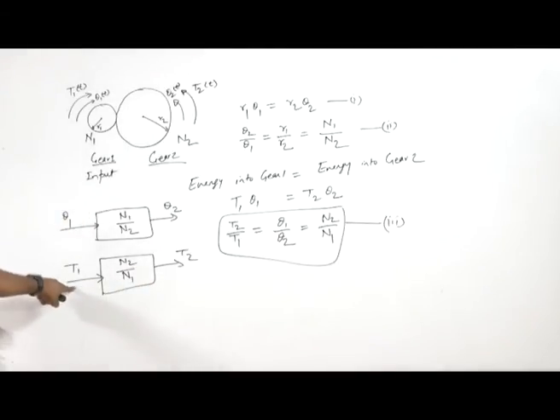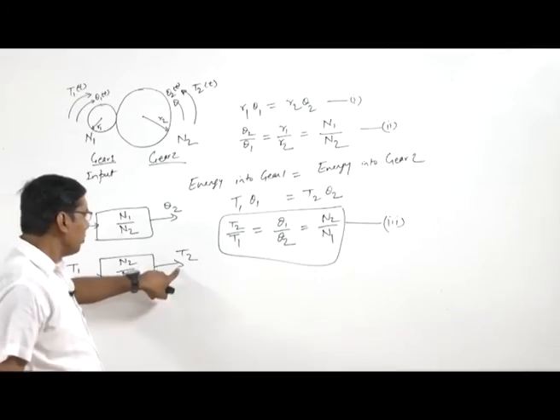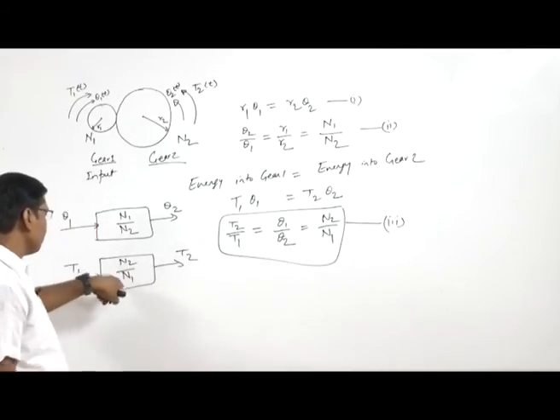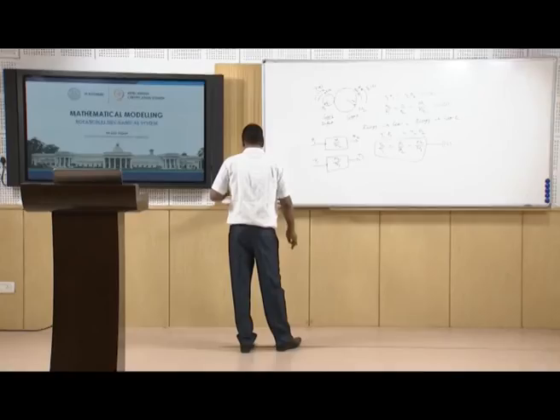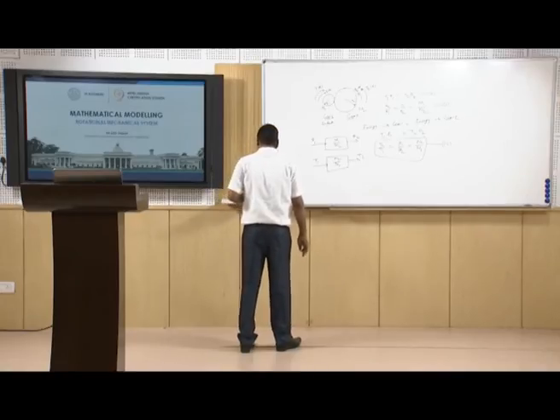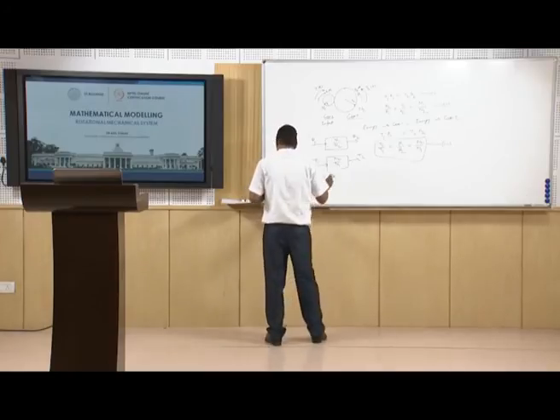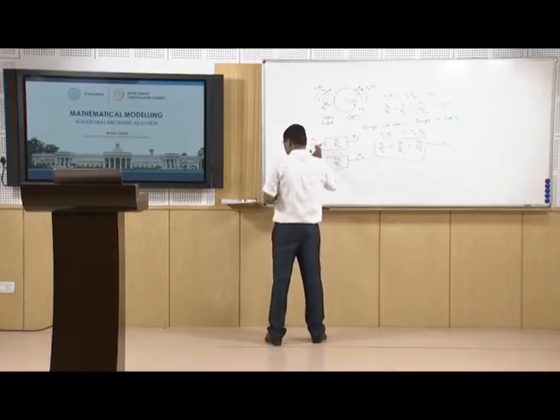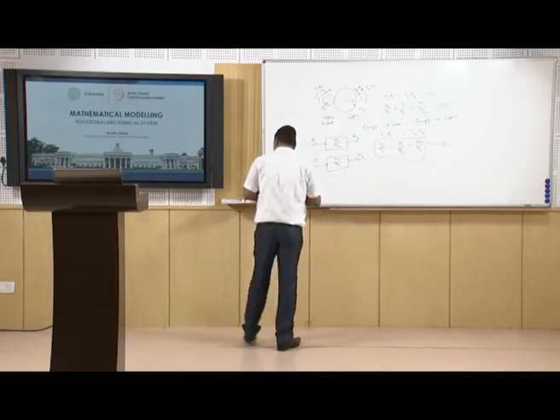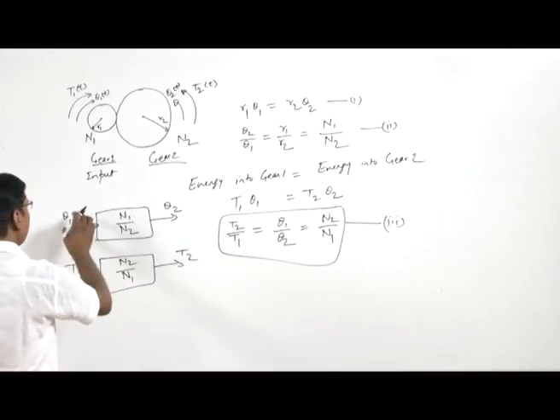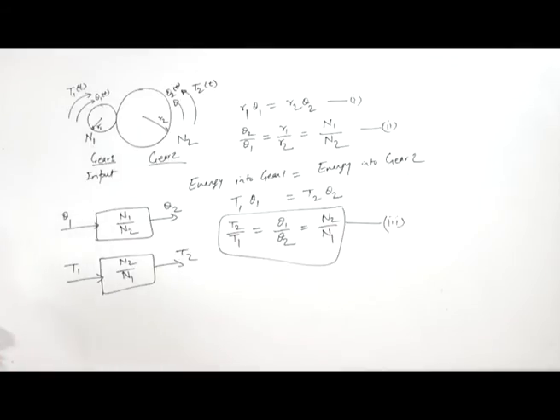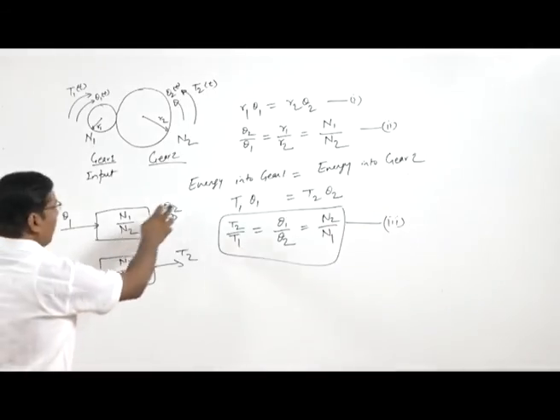Input torque T1 and output torque T2, and this is the transfer function, that is N2 by N1. Here is theta 2 and theta 1. So output angular displacement theta 2, and this is theta 1. See, theta 2 by theta 1 is N1 by N2.